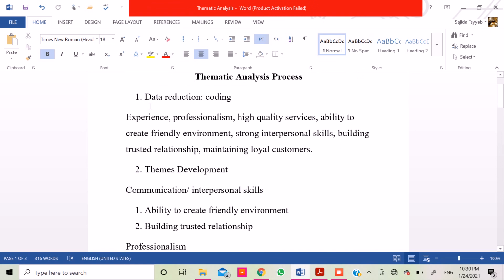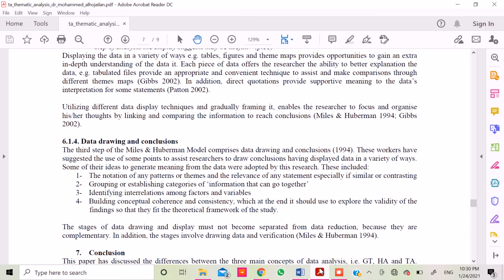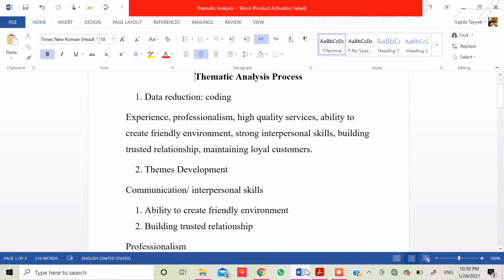So I hope it's clear for you guys. I'm going to attach the research paper that I mentioned for you guys to take help from and take the references. And if you would like to read it, that's also up to you. But I would not recommend you to read all that paper, because then it will get very tricky.